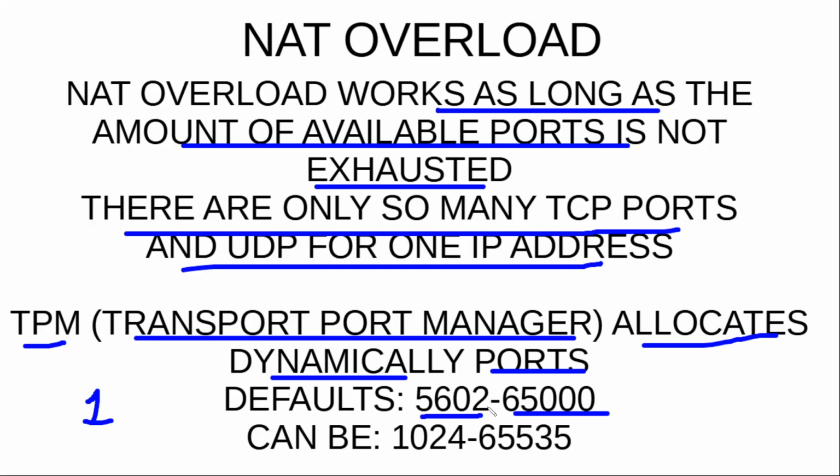You can go and change this range. You can change it to this if you want more ports. So just be aware of that. You can also change or say what ports you don't want this NAT overload feature to use. Perhaps you're using some particular ports, let's say this one, and you don't want NAT overload to use this port on your public IP address. You can go and configure that.